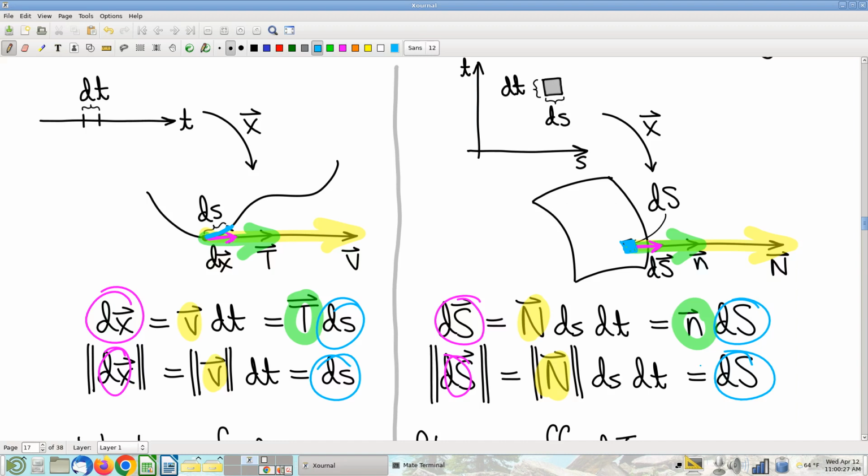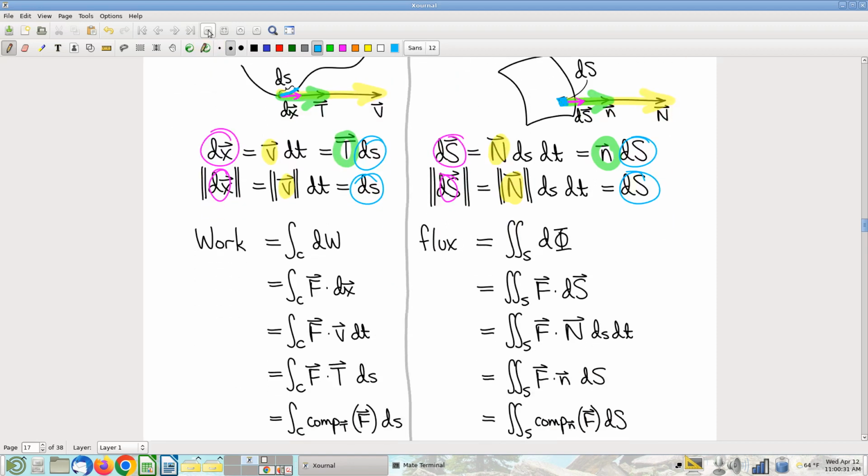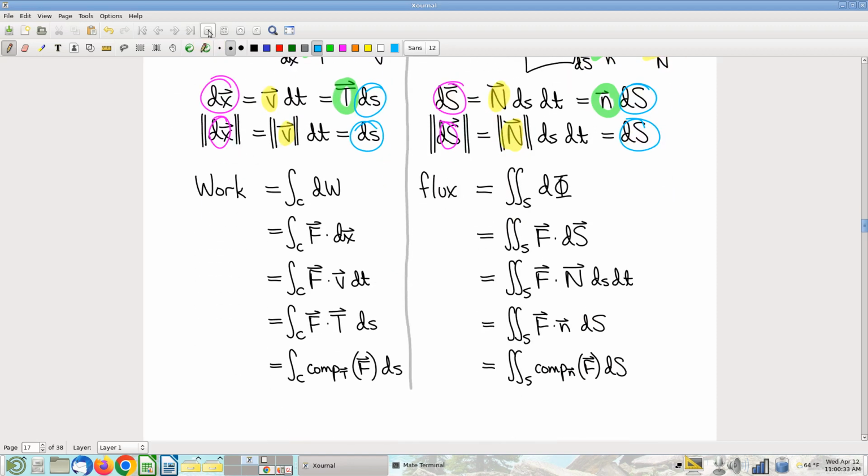And by the way, likewise, when you look at the algebra below that follows, when we write down vector line integrals and vector surface integrals, I'll be as quick as I can here, but the velocity vector and the normal vector, the t vector and the n vector, the dx vector and the ds vector.